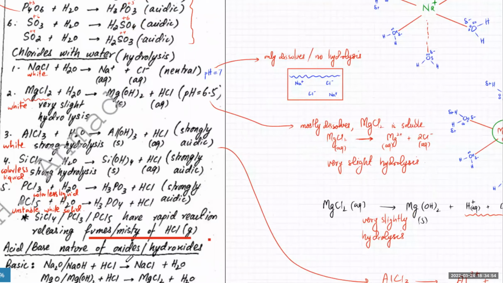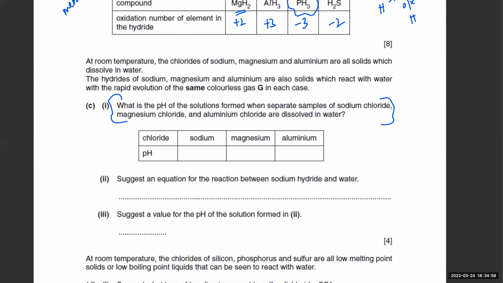NaCl is the one when you dissolve, mix it in water, it only dissolves, the first one. ठीक है, you pretty much know कि NaCl, ये chloride की बात हो रही है, ठीक है, तो it just dissolves, no reaction, no hydrolysis, pH remains neutral, ठीक है, it's 7.